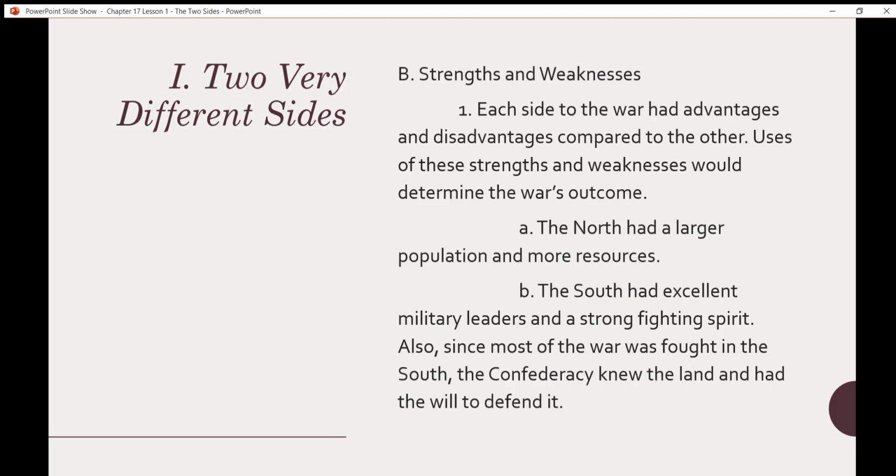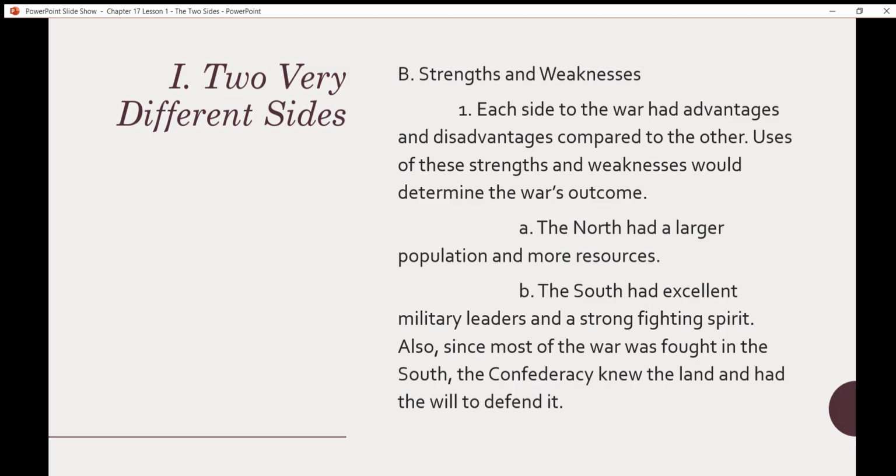The South did, however, have a strong fighting spirit and excellent military leaders. Robert E. Lee, who we talked about near the end of chapter 16 last week, had an excellent fighting spirit, regarded as probably one of the most influential generals in that time period.